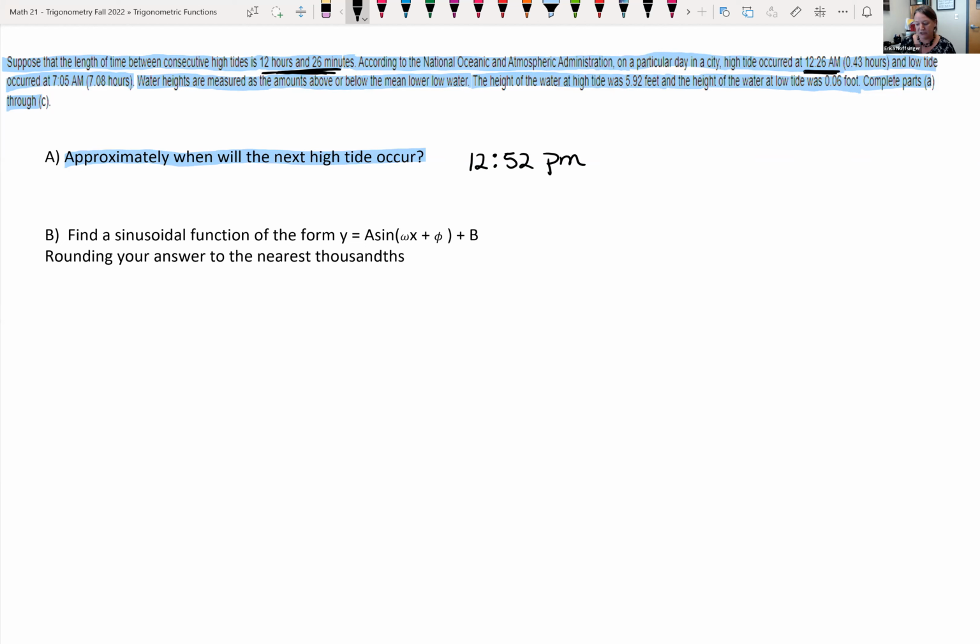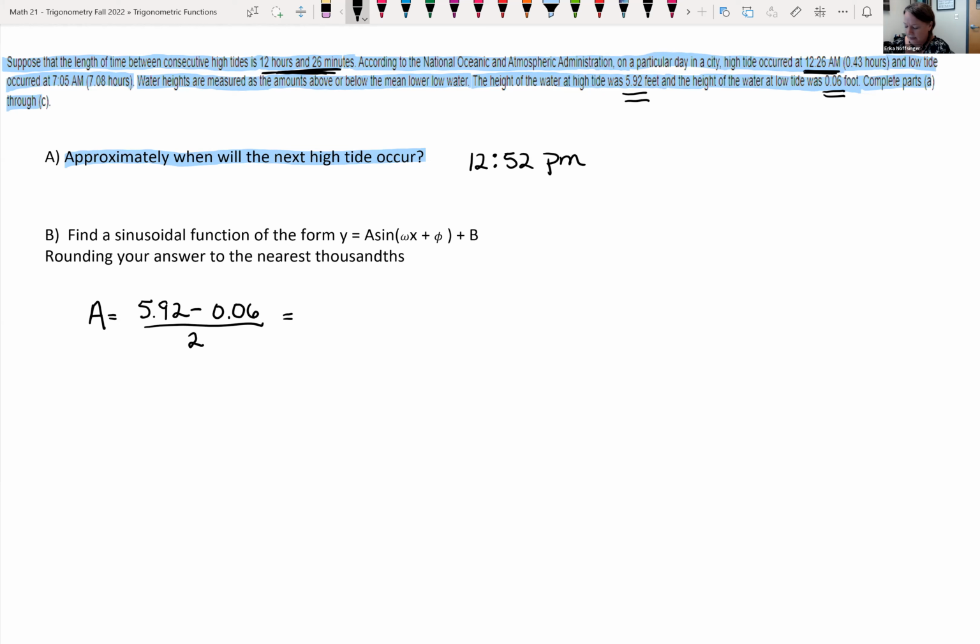So now we want to find the sinusoidal function of the form y equals A sine of the argument, which is omega x plus phi, plus B. We want to round our answers to the nearest thousandths. So let's first look at our amplitude, which in our case is capital A. This is equal to the high tide, 5.92 feet, minus our low tide, 0.06, all over 2.